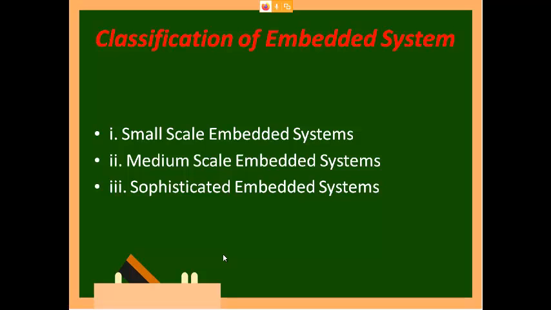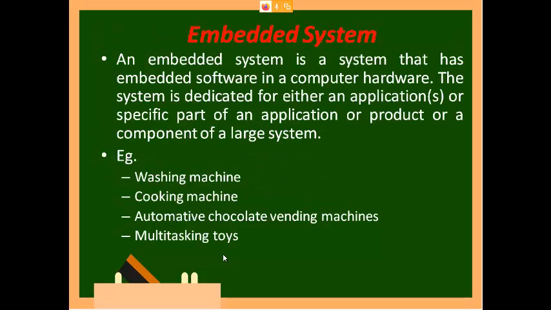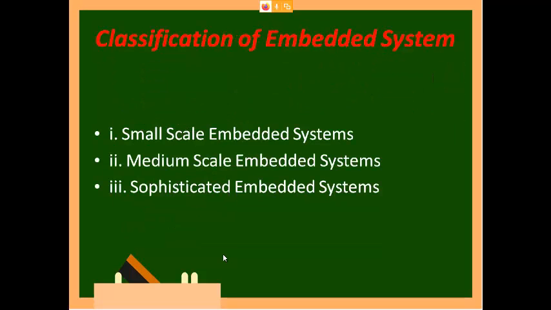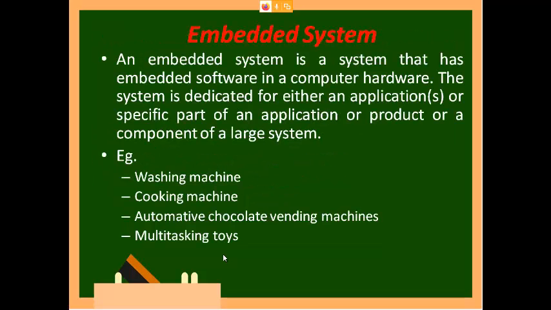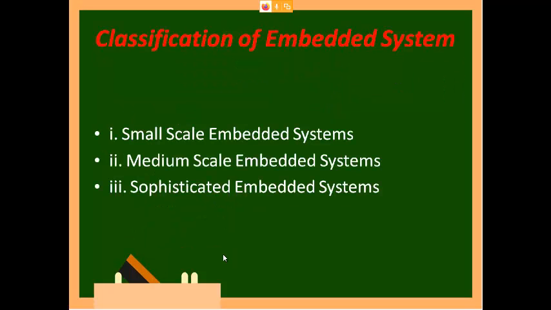Small embedded systems we all know, for example toys. Medium ones are like washing machines, cooking machines, chocolate vending machines. Sophisticated ones are like aircraft control, car control, and satellite control. So basically three: small, medium size, and sophisticated embedded systems.